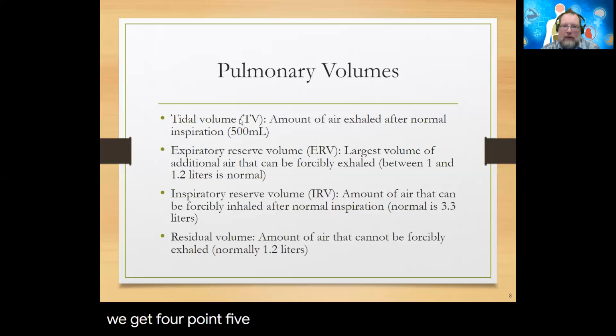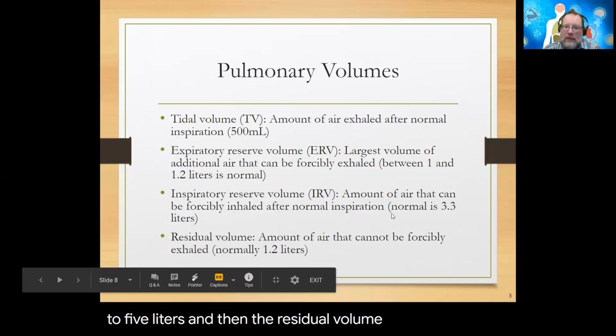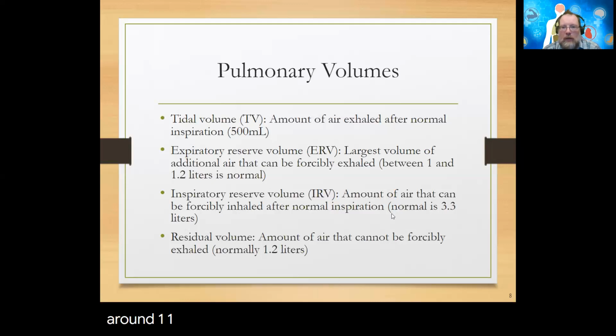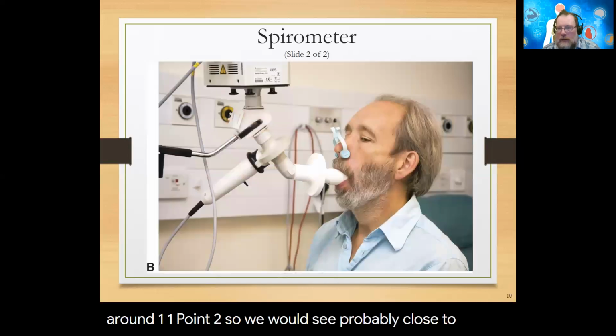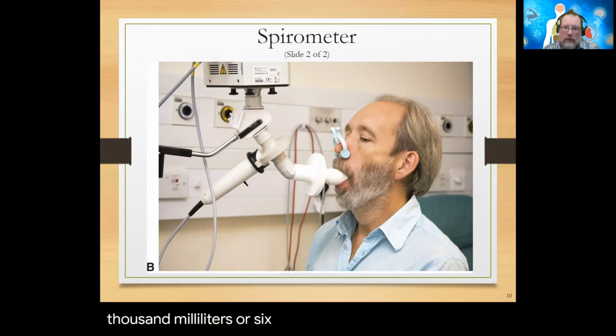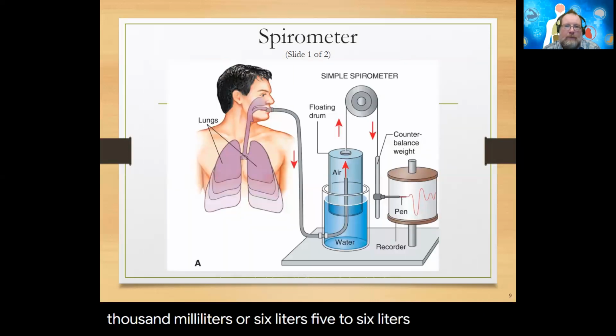And then we add 0.5 to that, we're up to 5 liters. And then the residual volume typically sits at around 1.2. So we would see probably close to 6,000 milliliters or 6 liters, 5 to 6 liters of lung capacity total.